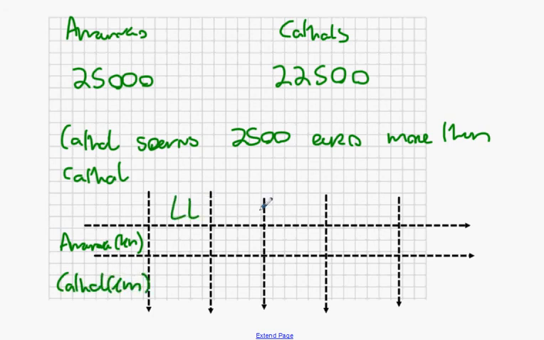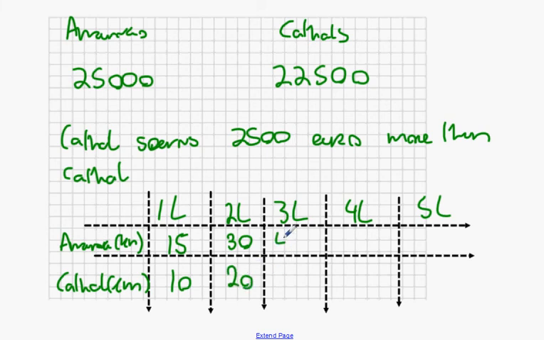The top part represents how many litres of fuel I'm using. 1 litre, 2 litre, 3 litre, 4 litre, 5 litres. Now what I'm going to find out is that Amanda's car goes 15 kilometers on 1 litre. Carl only goes 10. That goes to 30 on 2 litres, while Carl's only goes 20.